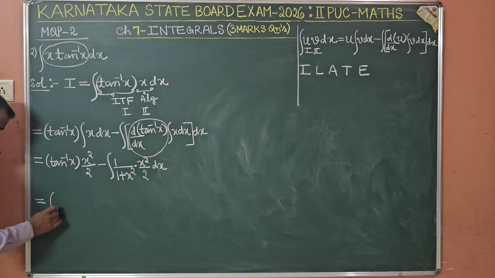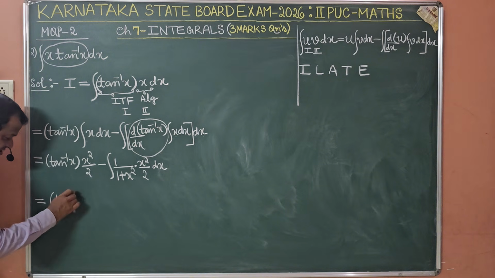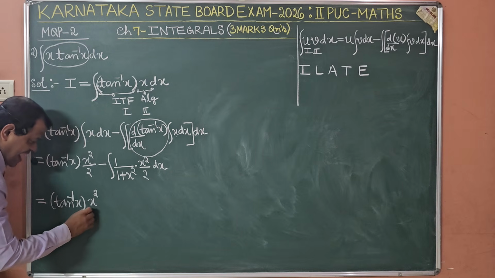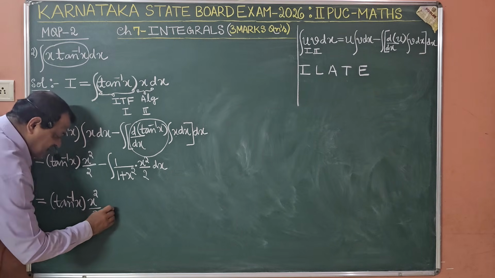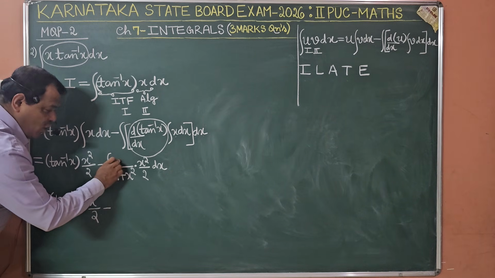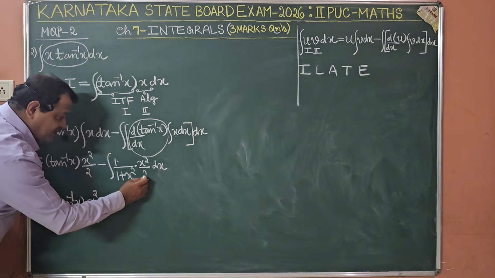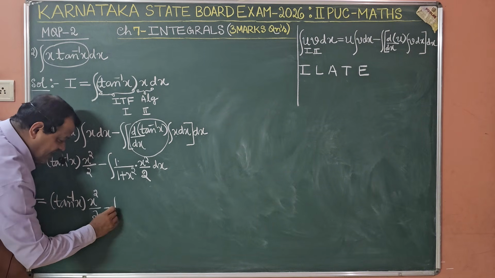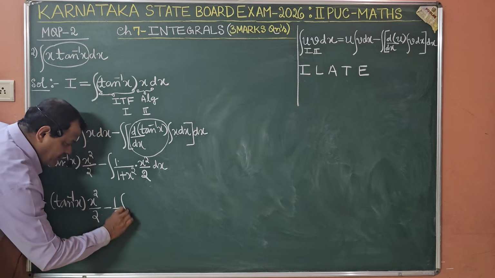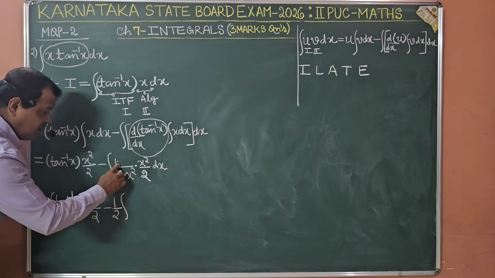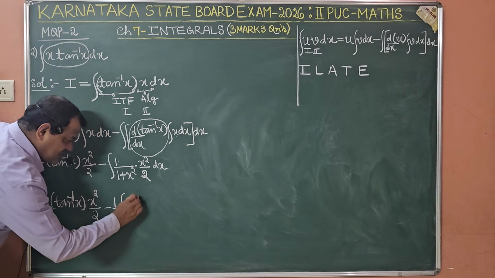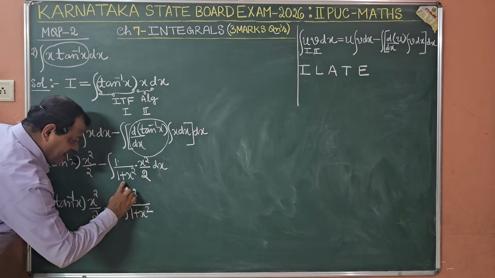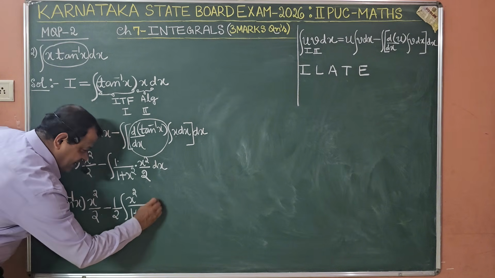Therefore, this term as it is, tan inverse x into x square by 2, minus, do you agree? In this, 1 by 2 is common. I will repeat this. Can you see 1 by 2 is a constant outside the integral symbol? Within the integration, what is remaining? 1 into x square, that is x square by 1 plus x square, 2 taken out already, dx remaining.